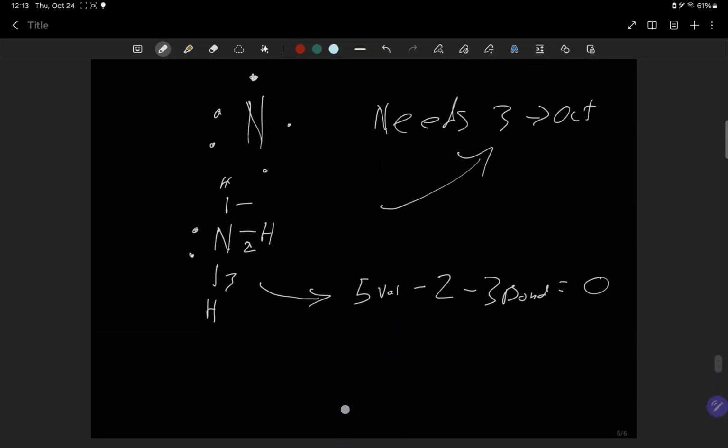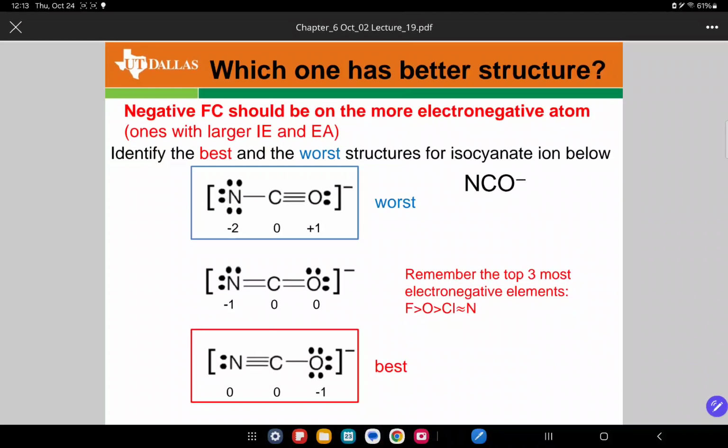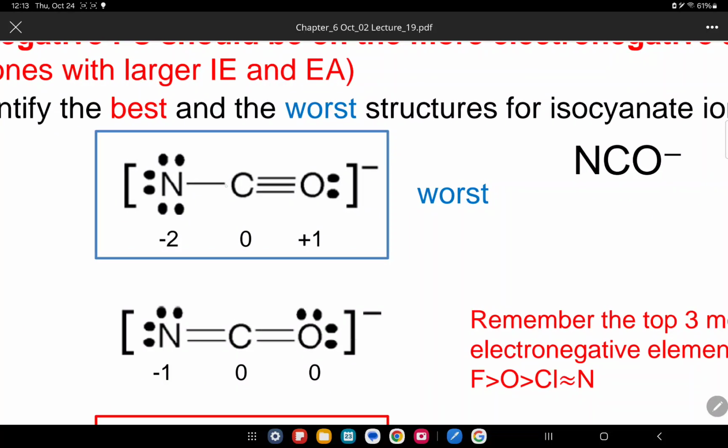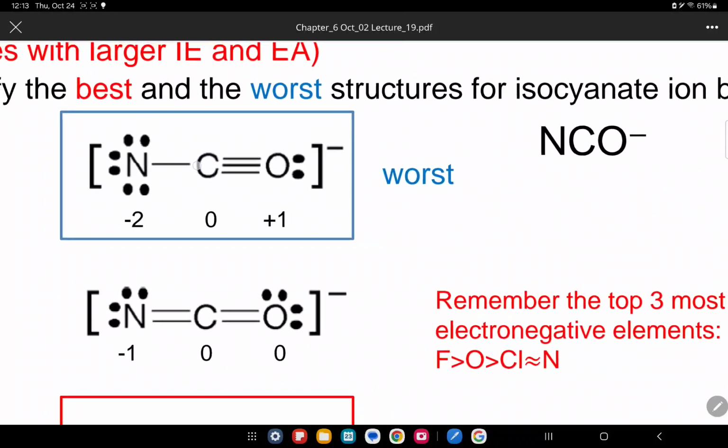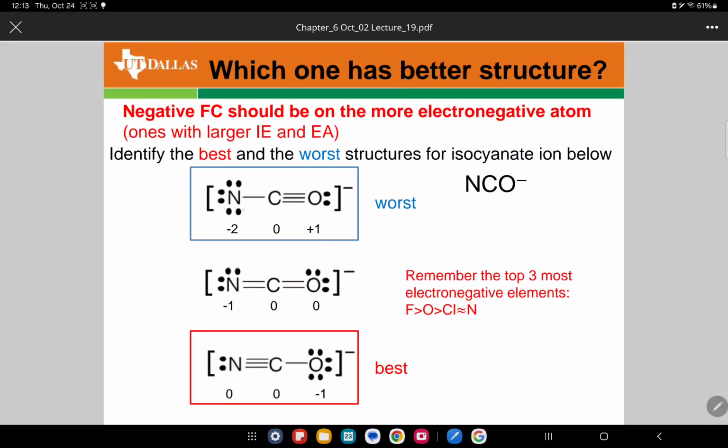Yeah, nitrogen has 5 valence electrons. So it's going to want 3 more electrons. So in this case, 1, 2, 3, 4, 5, 6, 7, and 8. 7 and 8. How do we count that? This line, each end of the line is going to be an electron. Okay, gotcha. So that's 7 and 8.